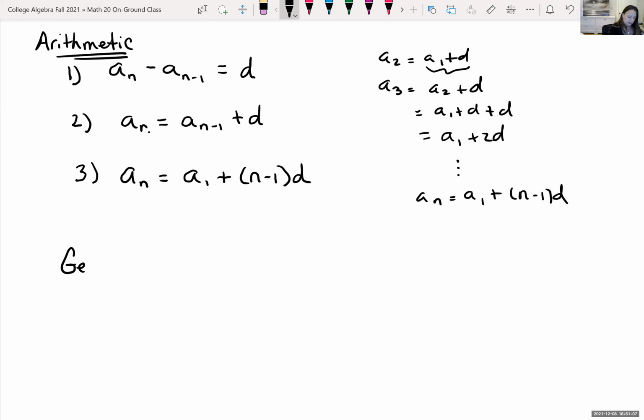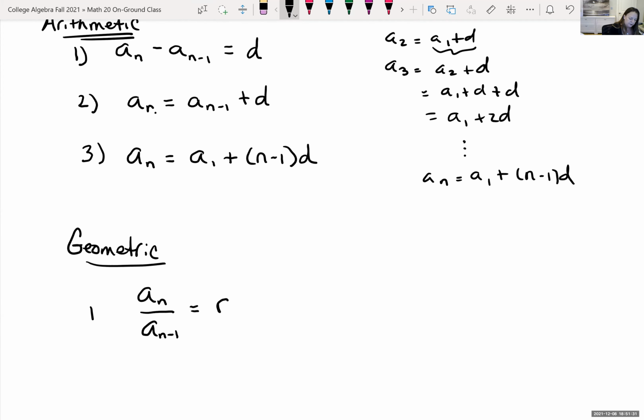Geometric. So geometric sequences are special in the fact that if you took a term, a sub n, and you divided it by the term right before it, a sub n minus 1, we always get the same common ratio, which we call r.